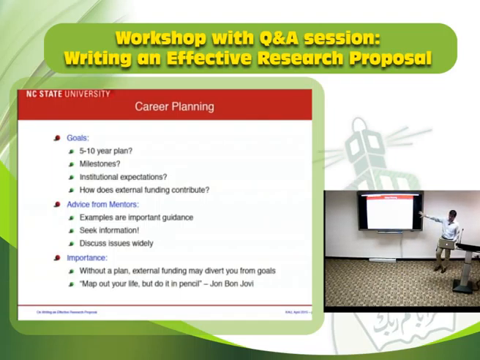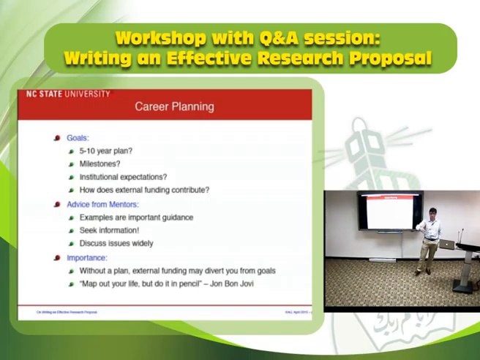In terms of research, obviously, you have to have the strategic plan, which is the milestones. Also, you have to look at your institutional expectations. What does it take for someone to get promoted to associate or full professor in your department? And similarly, what are the expectations for someone who is doing a PhD?